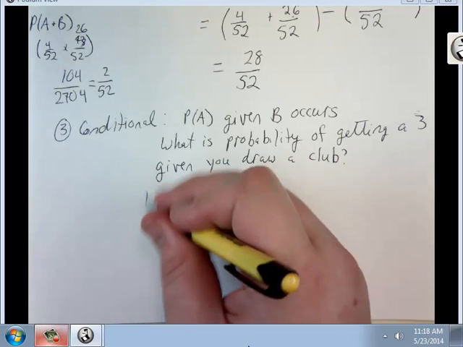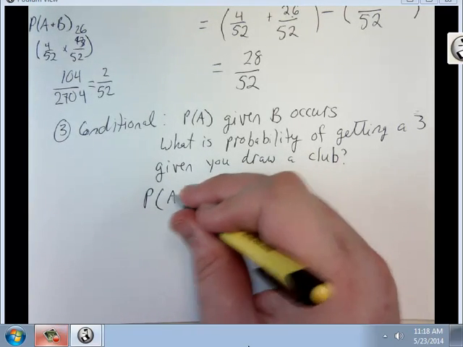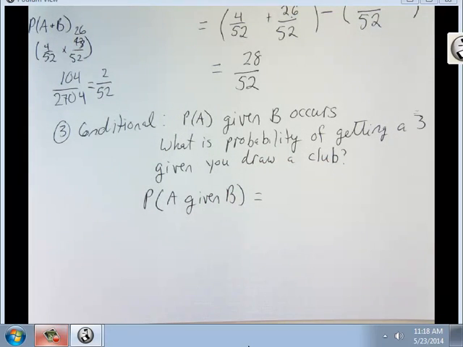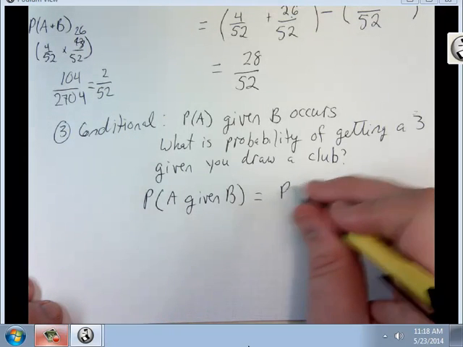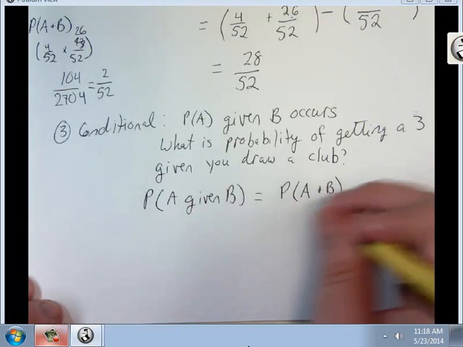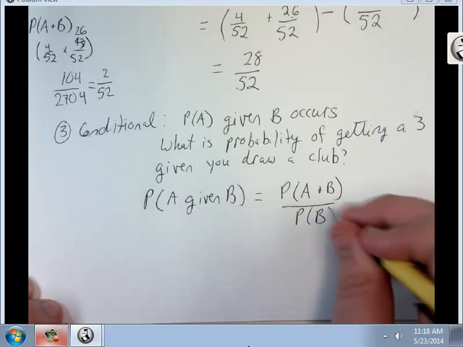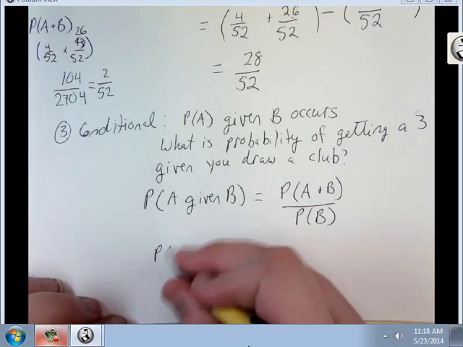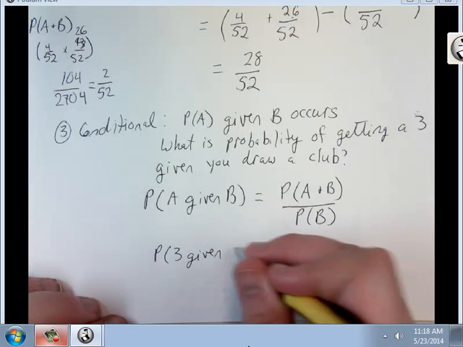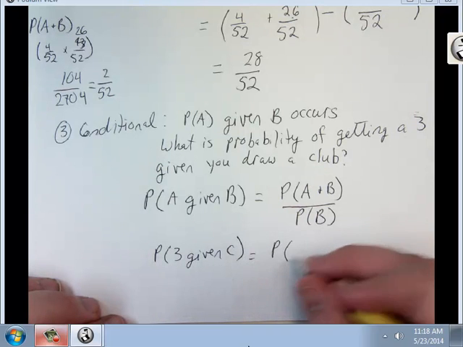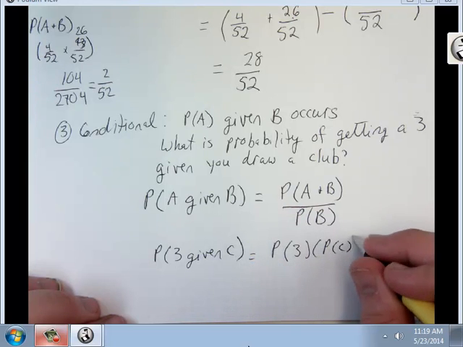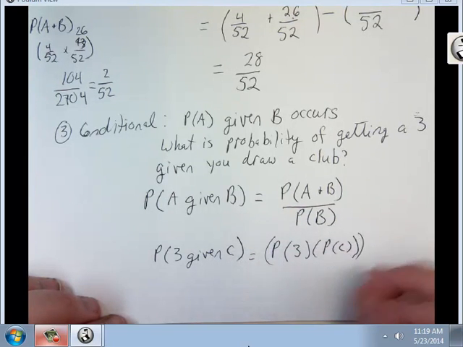And probability of A given B equals the probability of A and B divided by the probability of B. So probability of 3 given a club will be probability of 3 times the probability of a club divided by probability of a club.